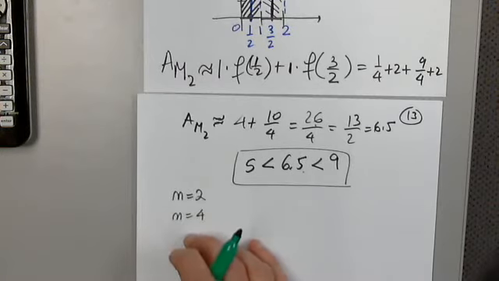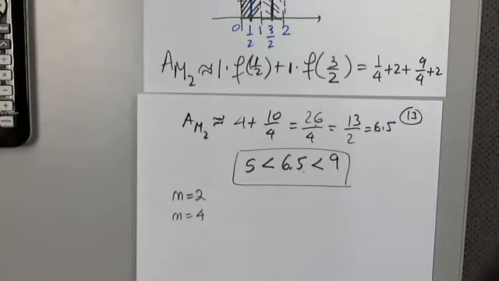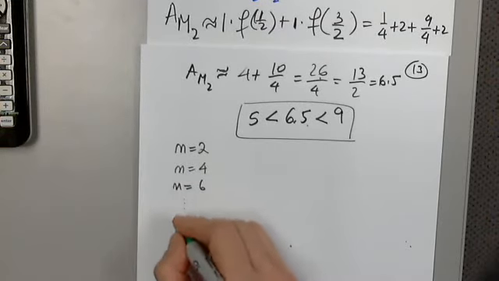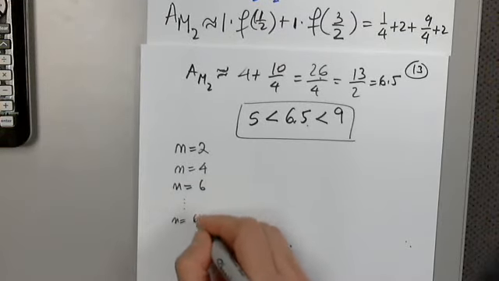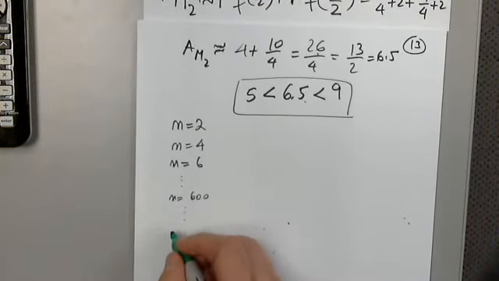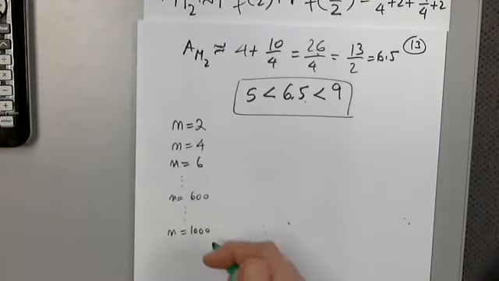Will I get a better approximation of the true area if I divide the interval between 0 and 2 into 4 subintervals? Better approximation. What about n equals 6? What about n equals 600? And what about n equals 1,000? Even better, right?